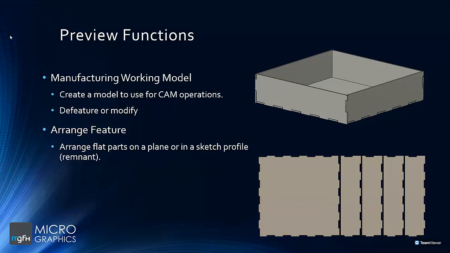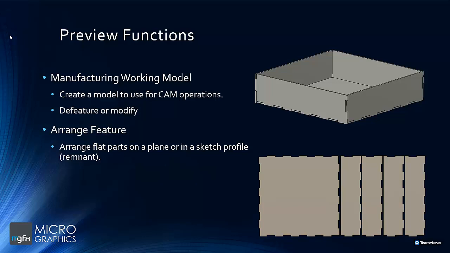The manufacturing working model enables the ability to create a linked model for manufacturing, where the designer or CNC programmer can freely modify the file to suit manufacturing without changing the original model. This manufacturing model can then be used to create your CNC program.